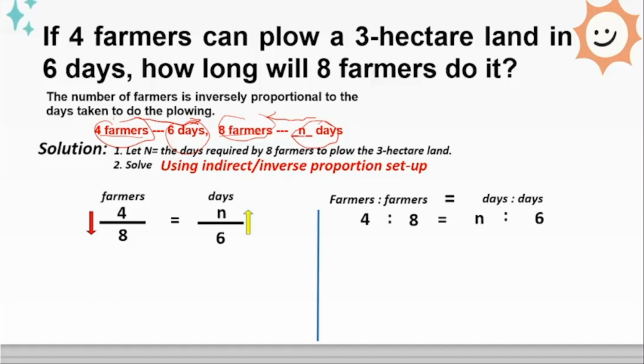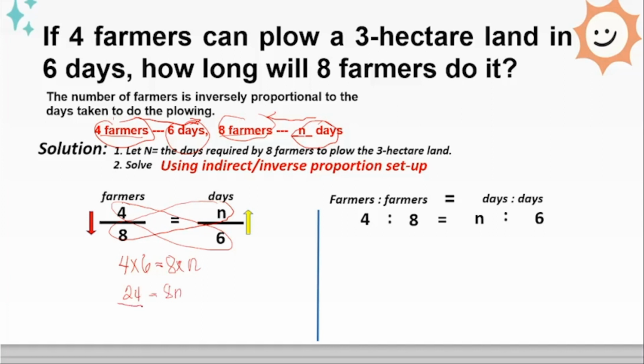Okay. So, to do the cross multiple or cross product, all we have to do is multiply. To solve this, multiply the extremes and multiply the means. So, 4 times 6 is equal to 8 times n. So, 4 times 6 is equal to 24 as 8n.